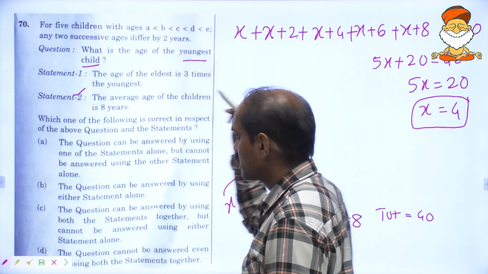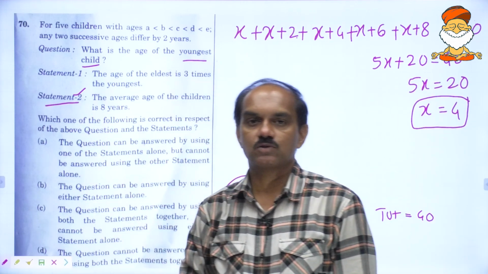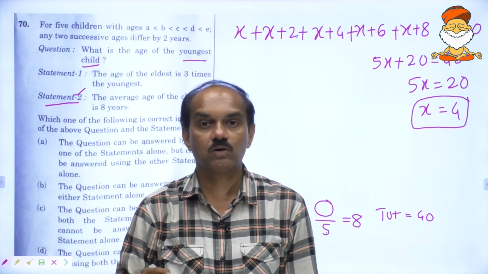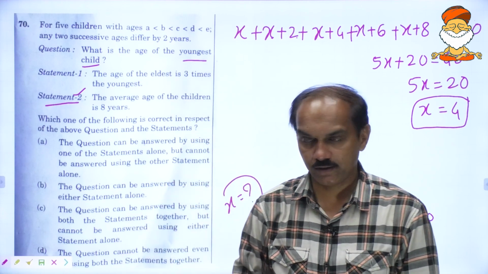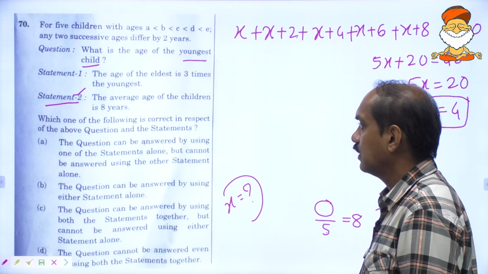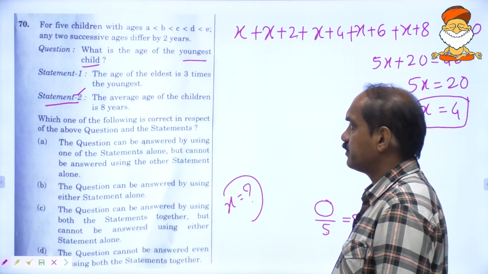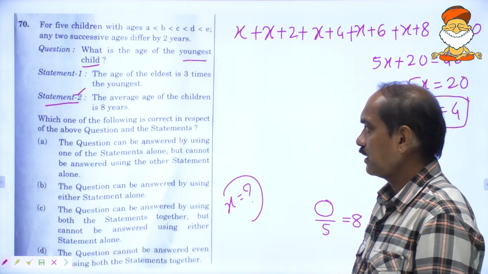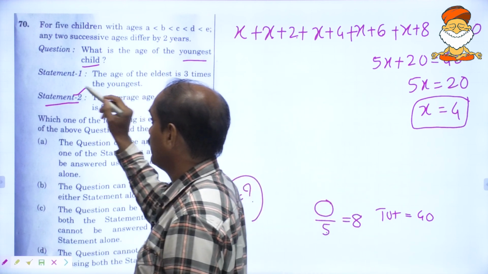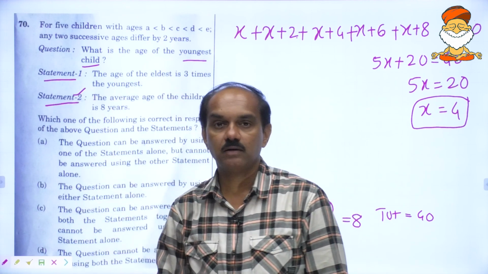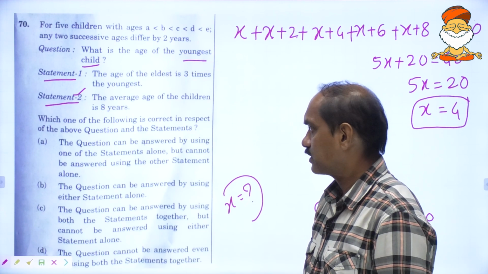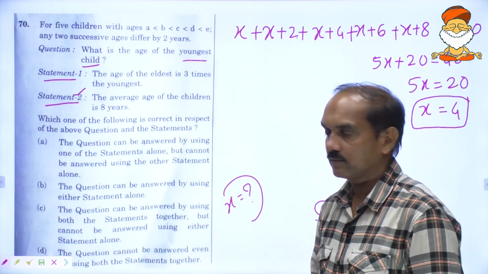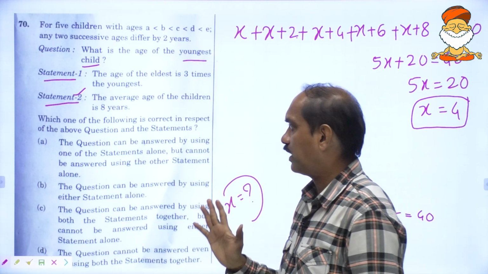So I used statement 2 to solve this problem, and I found out the age of the youngest child. Now, is it possible for me to solve this problem using statement number 1? Statement number 2 is 100% correct. Using statement number 2, we can manage.